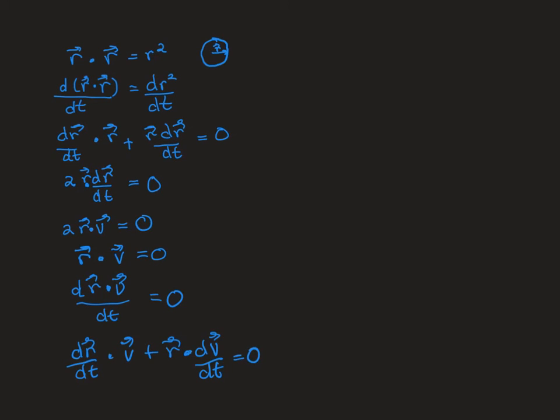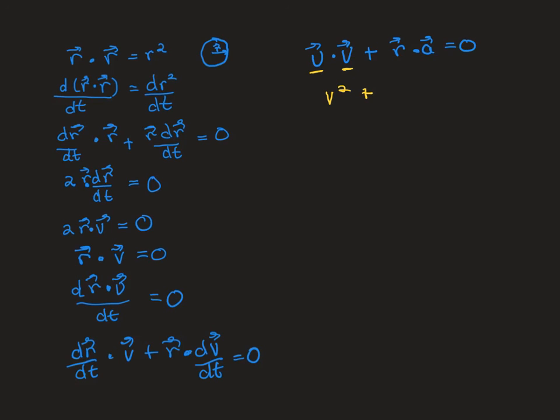Once again, dr/dt is a velocity, so we end up with a velocity dotted with a velocity, plus we still have our r vector there, and dv/dt is the same thing as acceleration. Alright, so we have to remember to deal with the dot product. This is a velocity, this is the velocity. It's the same velocity, so they're automatically parallel to each other. So when you do the dot product, you just end up with velocity squared.